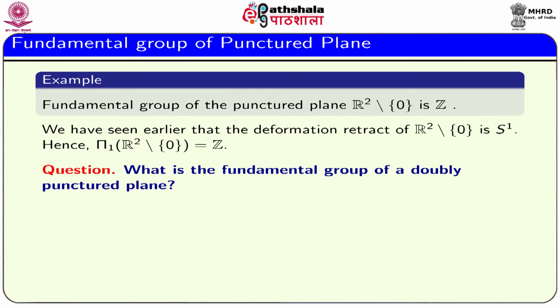So, the fundamental group of R2 minus 0 should be the fundamental group of S1, and therefore it is Z. Now, one thing can be noted, that if we start with an annulus, then annulus also has the same deformation retract S1. Though annulus and R2 minus 0, that is punctured plane, are not homeomorphic, their fundamental groups are the same, that is the group of integers.